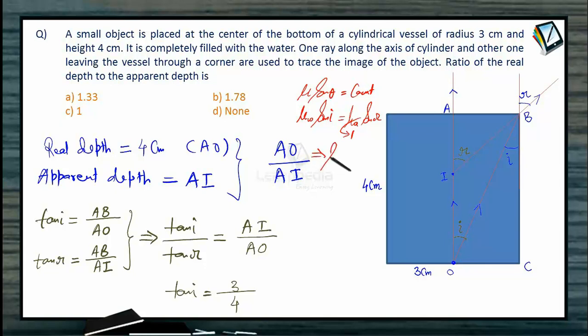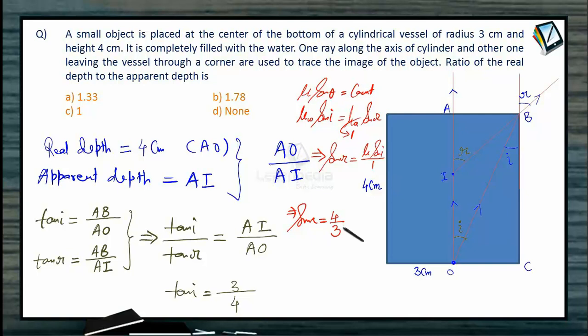So what is the value of sine R? Sine R is equal to mu of the water multiplied with sine I, divided by 1. So sine R is mu sine I. Mu is 4 by 3, which is the refractive index of the water, 1.33.